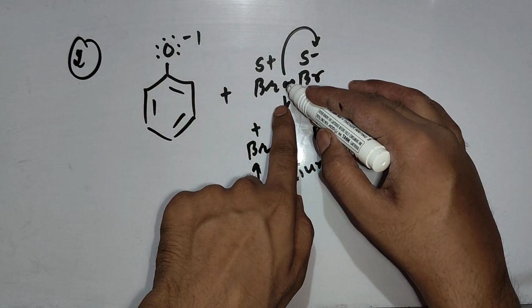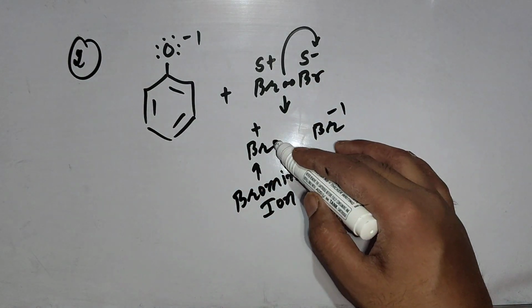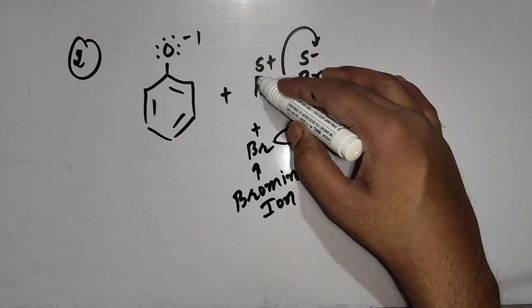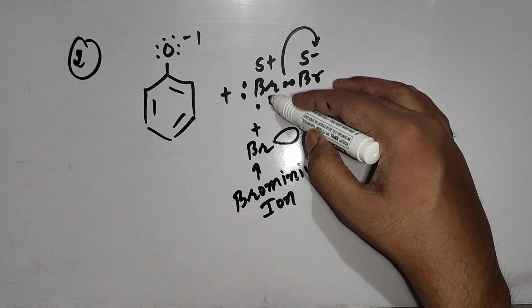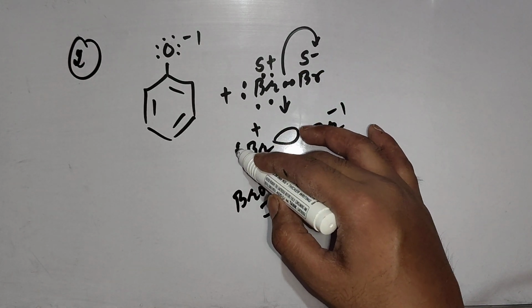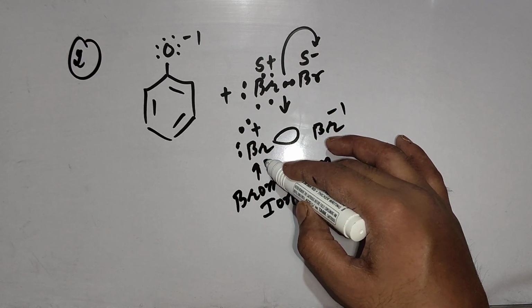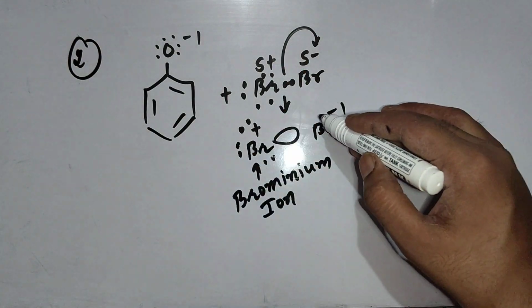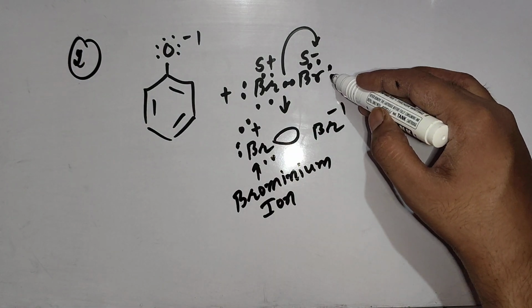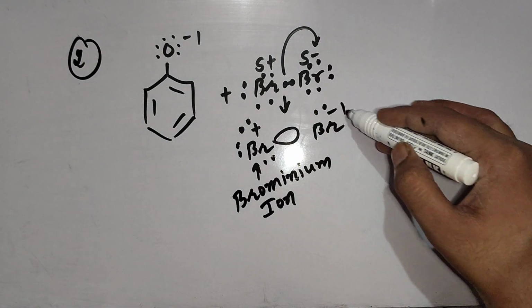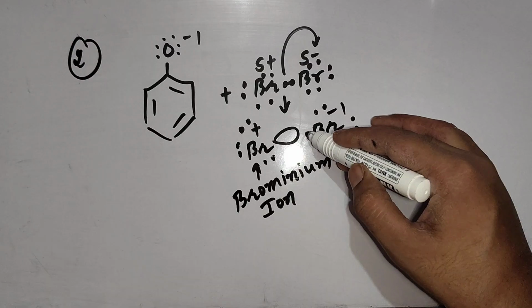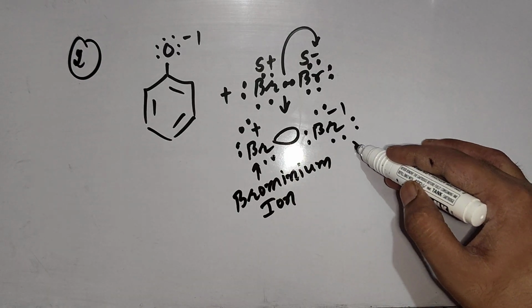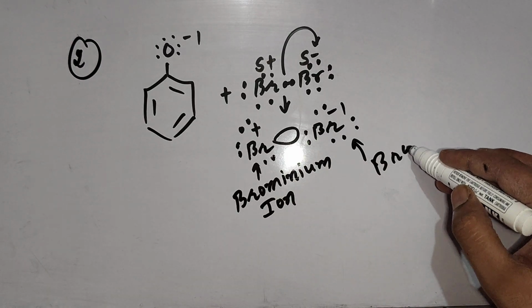And obviously it has lost its electron completely, so a vacant orbital will generate on it, with 3 lone pairs already there, so please draw them like this. And this bromine, which got these electrons completely, was already carrying 3 lone pairs. After bond breakage, it will carry 4 lone pairs. This is known as bromide ion.